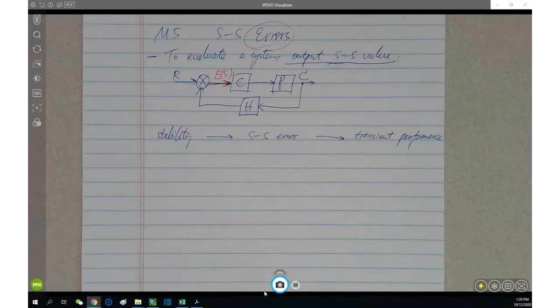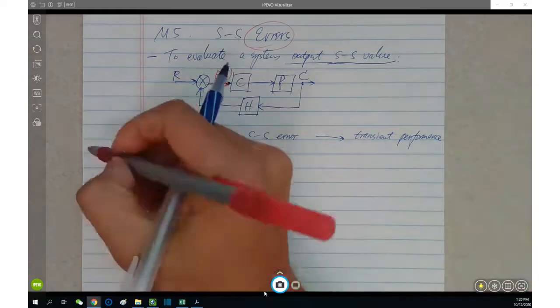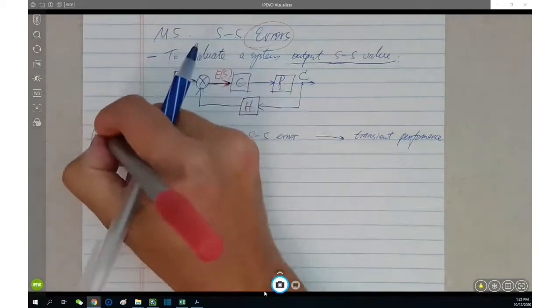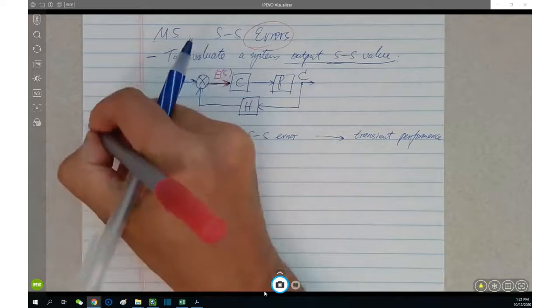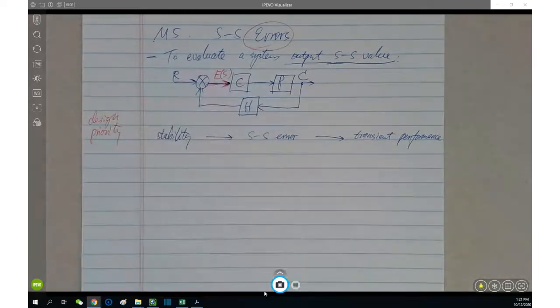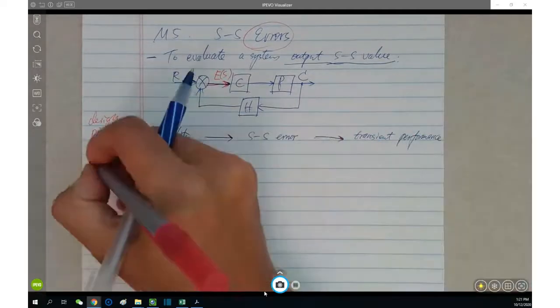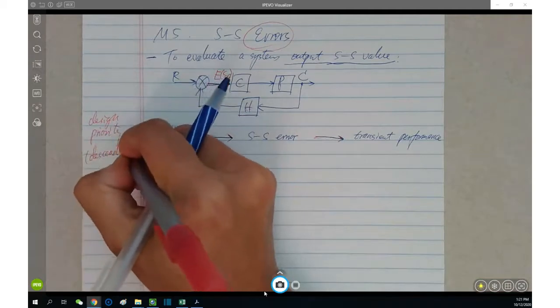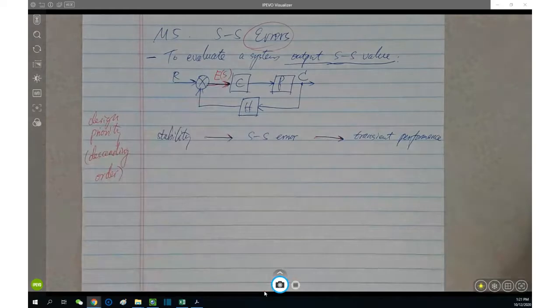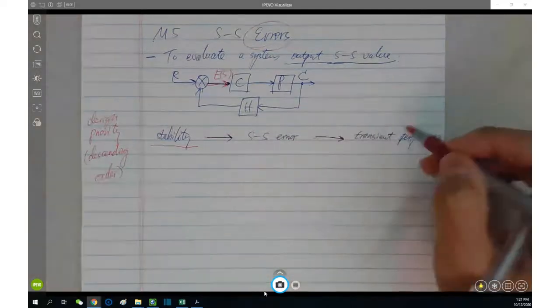Here I'm listing the so-called priority of the design, with a line with an arrow indicating the priority in descending order. So what is the most important thing? The number one thing we need to worry about is the system stability. In other words, if the system is not even stable, we don't need to talk about steady state error. We don't need to talk about the transient either. This is meaningless.